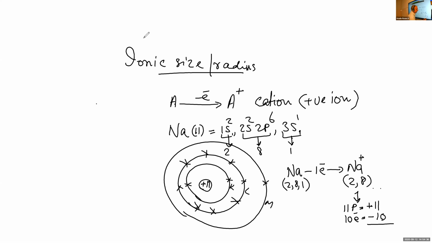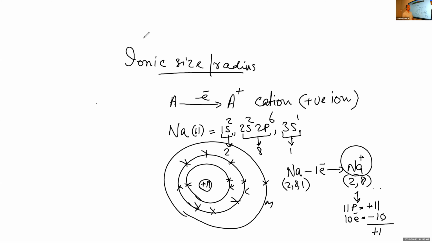Therefore, the resultant charge will be plus 1. That is why we get Na plus ion. A unipositive ion is formed by the removal of 1 electron. A dipositive ion, plus 2 ion, is formed by the removal of 2 electrons. A tripositive ion, plus 3 ion, is formed by the removal of 3 electrons, like that.